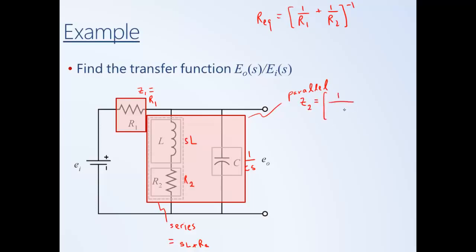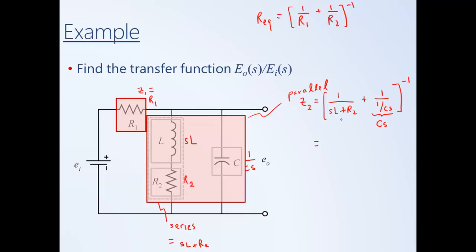We'll have 1 over the impedance of the first branch, those components in series, which we found to be sL plus R2. And then we'll add that to the inverse of the impedance of the capacitor, the other branch, whose impedance is 1 over Cs. And then that total is also inverted. If we're dividing by a fraction, you may remember that that's the same as multiplying by its reciprocal. So the reciprocal of 1 over Cs is Cs.